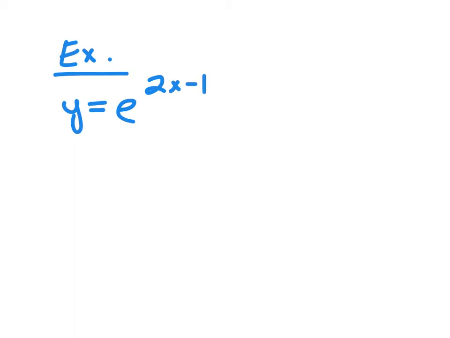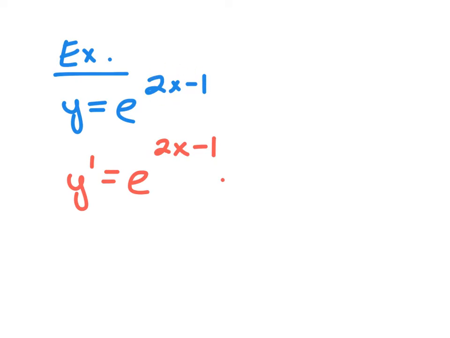So here's a basic example to demonstrate this. Let's say I'm starting with y is equal to e to the 2x minus 1. If I think about this as e to the u, my u is 2x minus 1, and so to differentiate this, I'm going to have y prime is equal to e to the u, so e to the 2x minus 1, times u prime, and u prime is going to be the derivative of the exponent here.